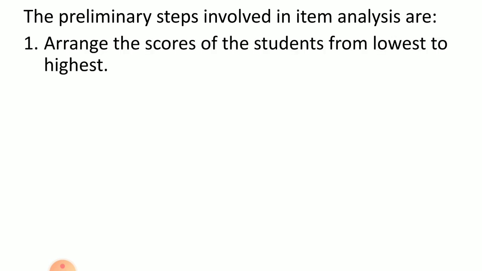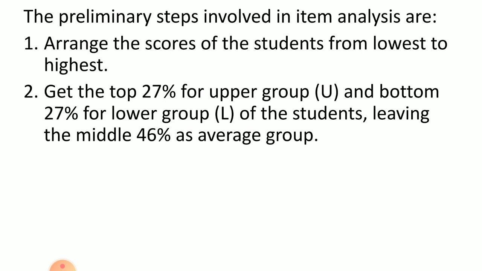So we have here the preliminary steps involved in item analysis. First is to arrange the scores of the students from lowest to highest. Next is to get the top 27% as the upper group and the bottom 27% as the lower group, leaving the middle 46% as the average group.